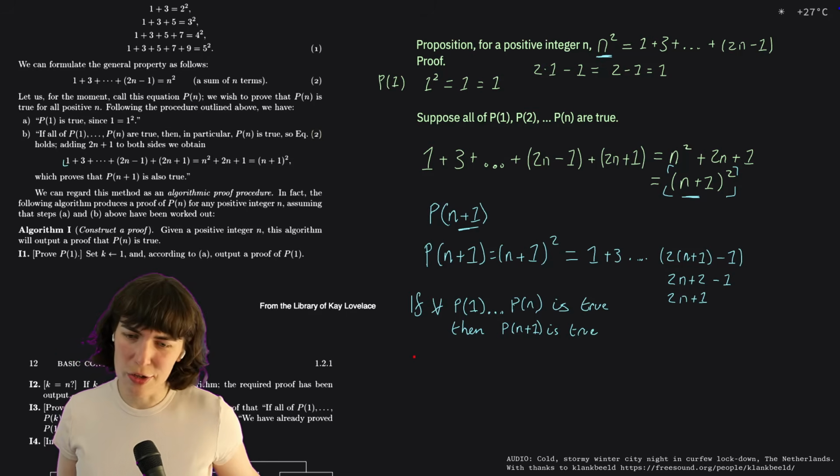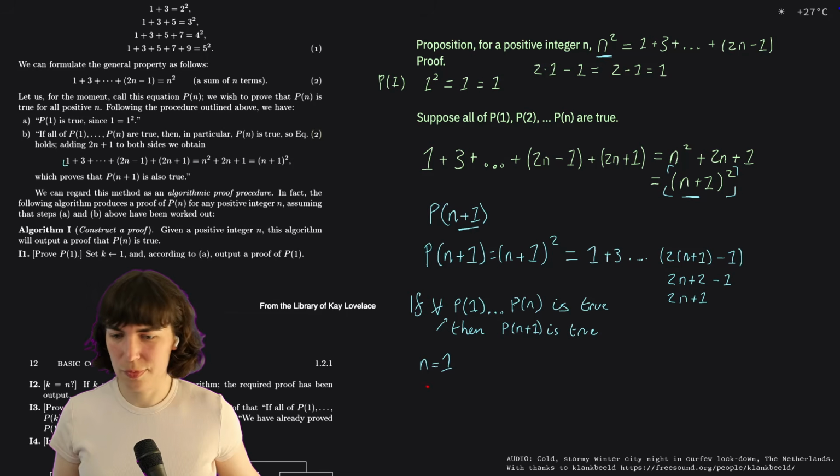And then I suppose the logic of the induction is we could just say that n is 1, and we know that P1 is true already because we've already said that.